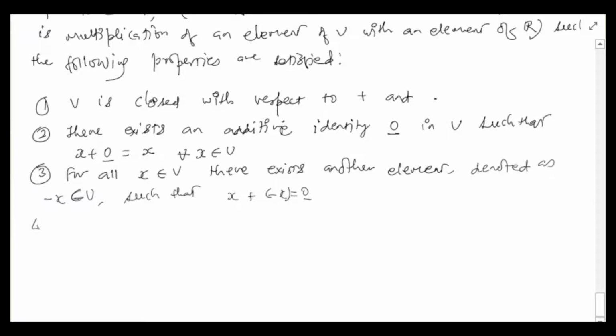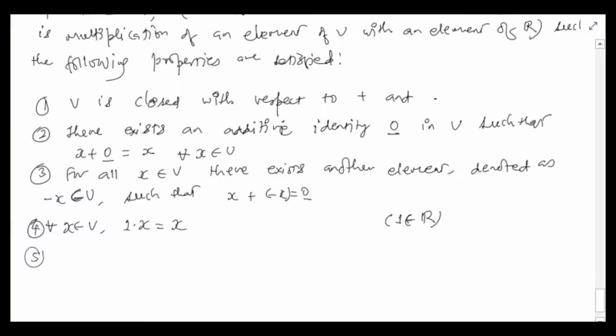Okay. Fourth property is, if I multiply any vector in V with 1, I'll get the same vector. So for all x in V, 1 times x, notice that 1 is the multiplicative identity in R. Okay, so 1 times x is x.